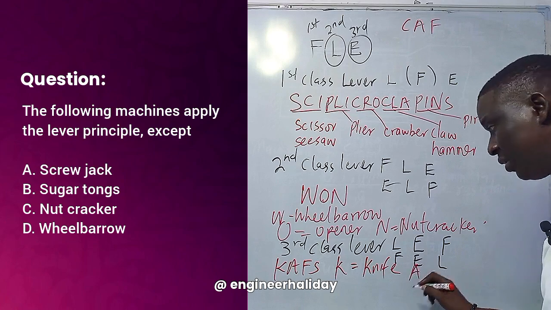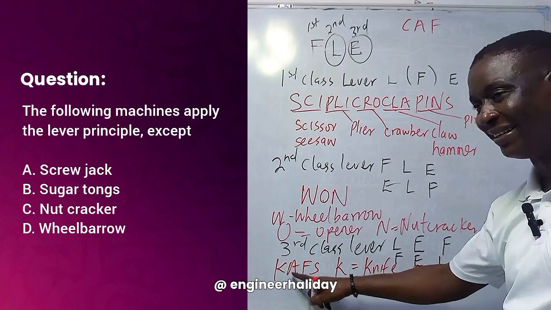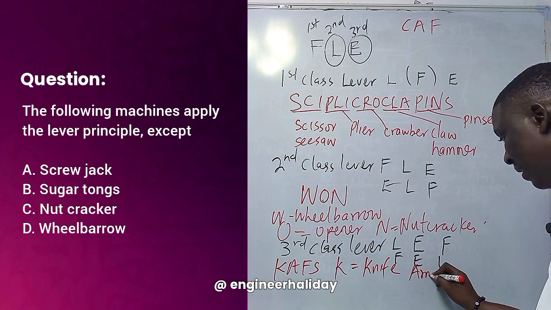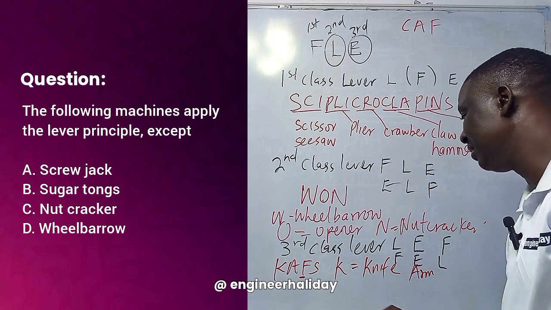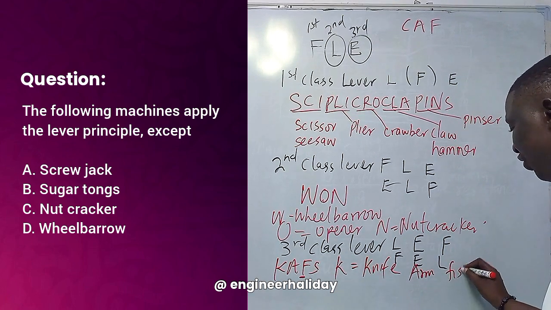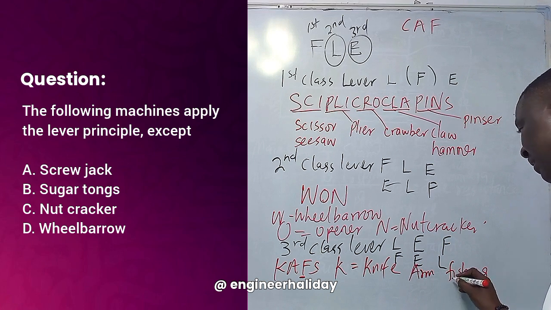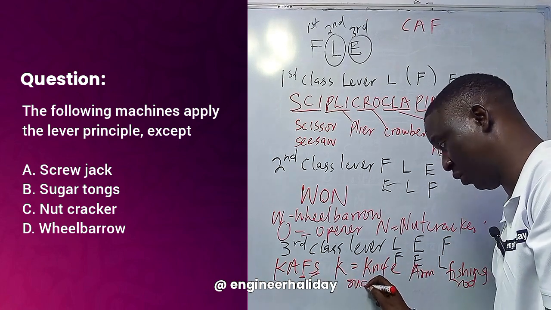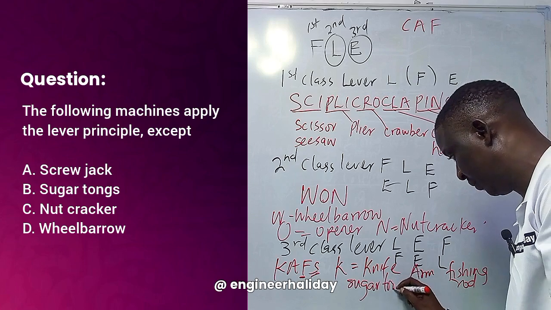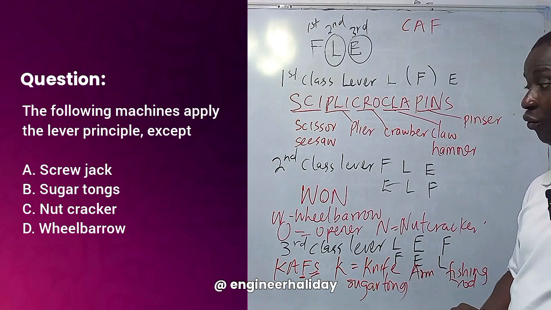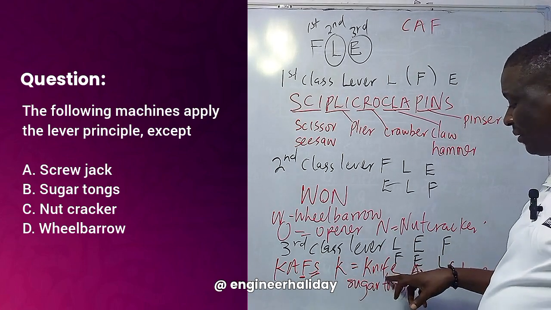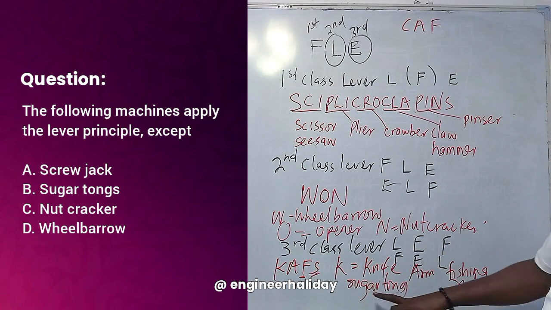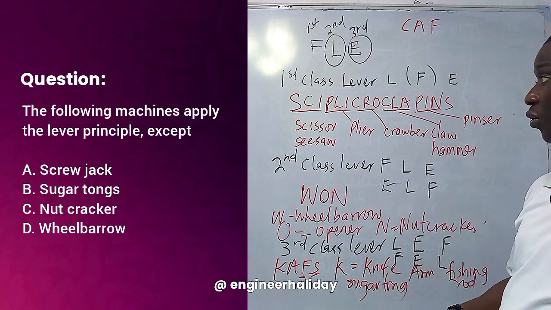A means arm of human, human arm. Then F means fishing rod. Then S means sugar tongs. So K is knife, A is arm of human, F is fishing rod, and S is sugar tongs.